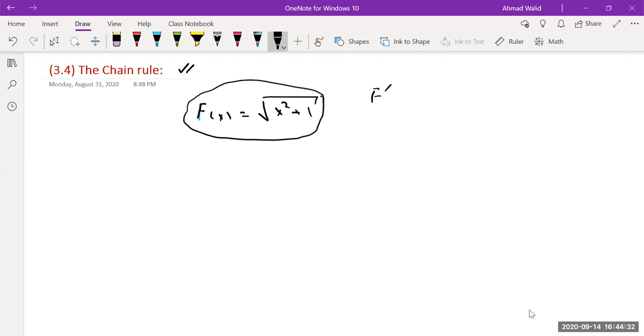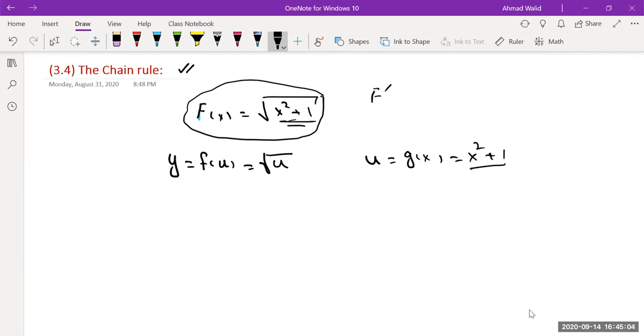I can write this function as y equals f of u, if I name what is under the square root u, and my f of u is the square root of u. And I name what is under the square root g of x, or u equals g of x, and it's x squared plus 1.